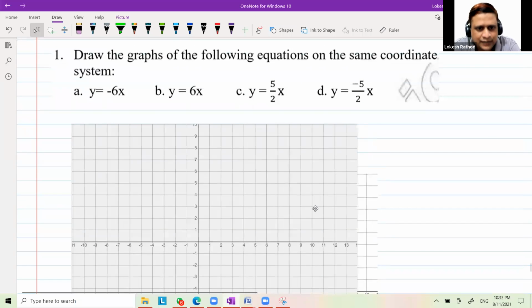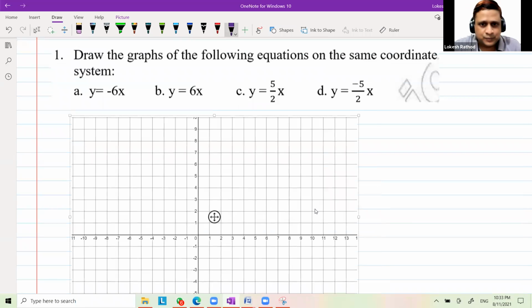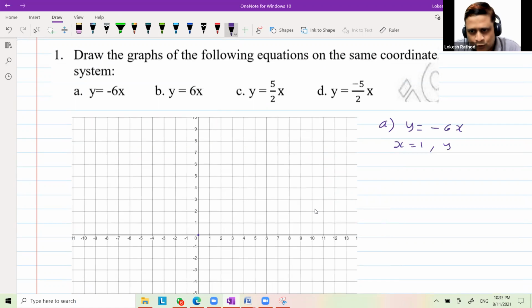So the first line, y equal to minus 6x. What do we do? First, it will pass through the origin, like this. I take any other point, say x equal to 1. For y equal to minus 6x, if I put x equal to 1, what will be the value of y? y will be minus 6 into 1, minus 6.